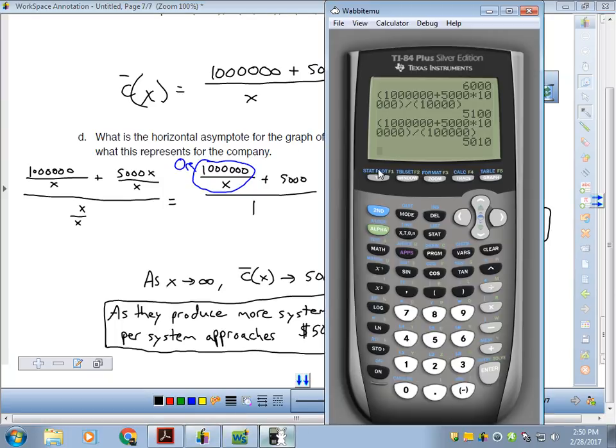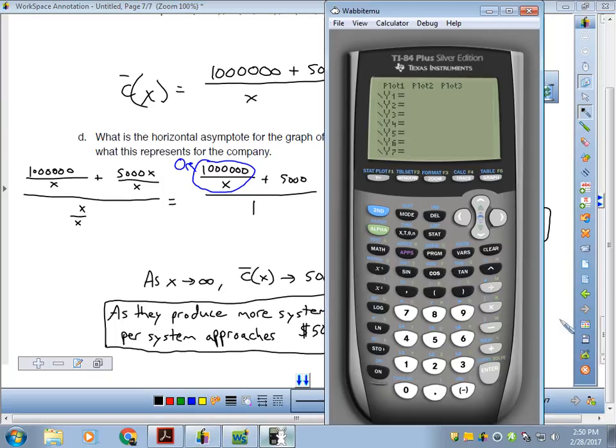And you can actually see that if you go into y equals and look at this function. So if I put in 1,456 plus 5,000 x, and then divide it by x. I'm going to change my window a little bit. I'm going to make the x go from 0 out to, let's say, 1,000,000. And I'm going to make the cost go 0 to, say, 8,000. I think that'll be okay.